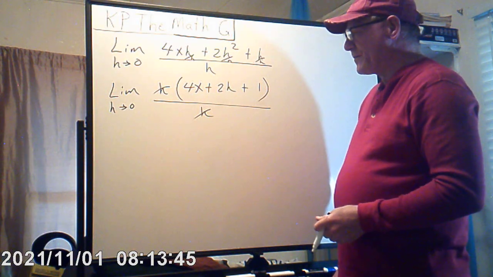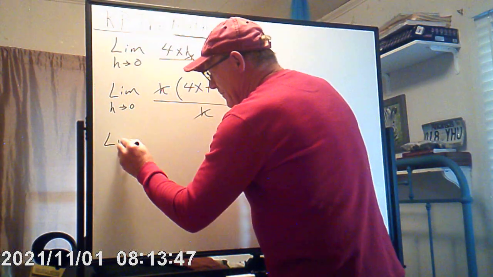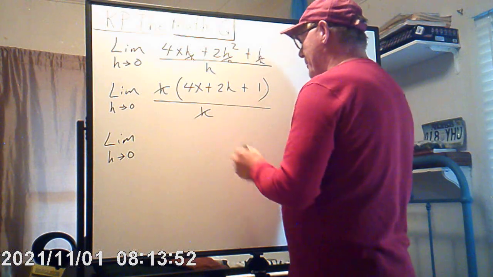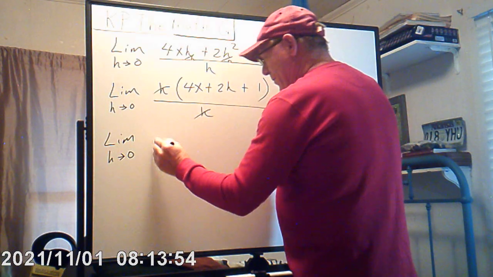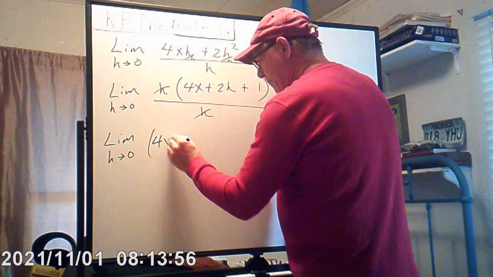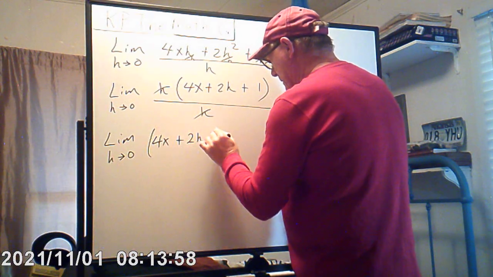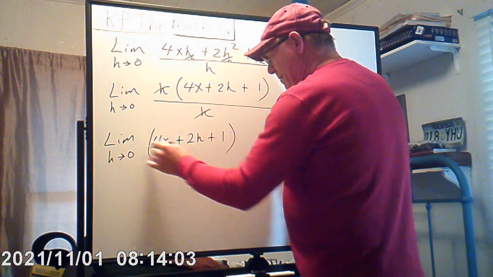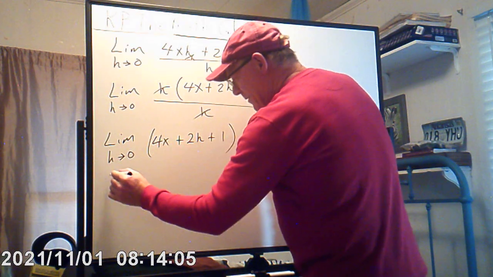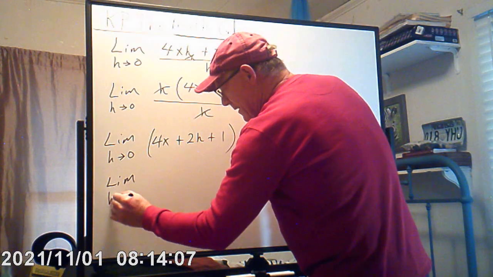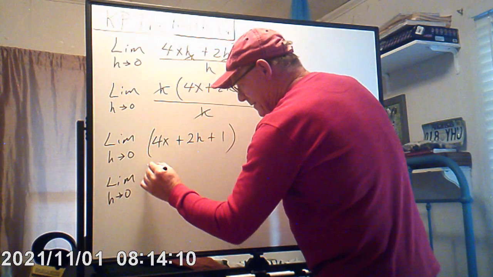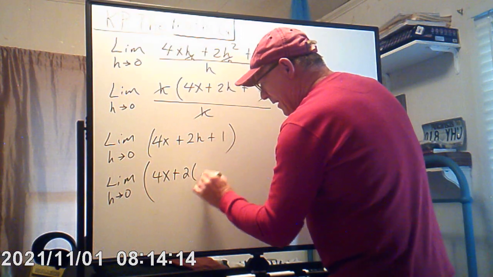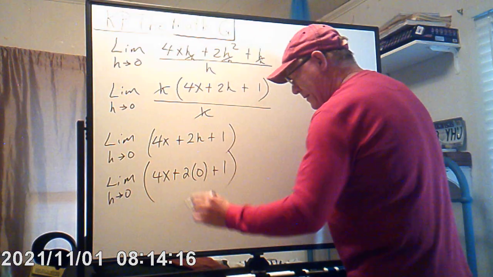Okay. Limit as h approaches 0, well, what are we left with? Well, we just have 4x plus 2h plus 1. If we let h be 0 now, right, so we have the limit as h approaches 0, 4x plus 2 times 0 plus 1.